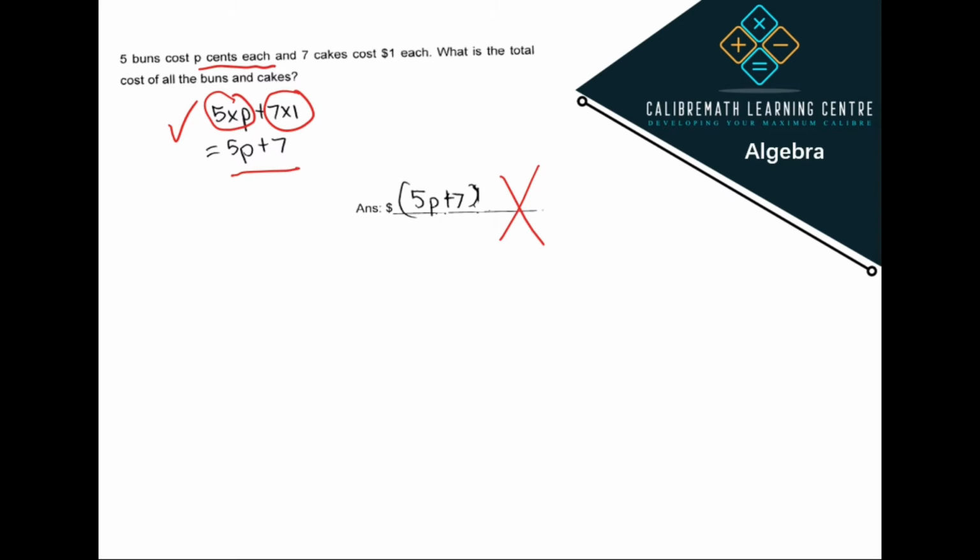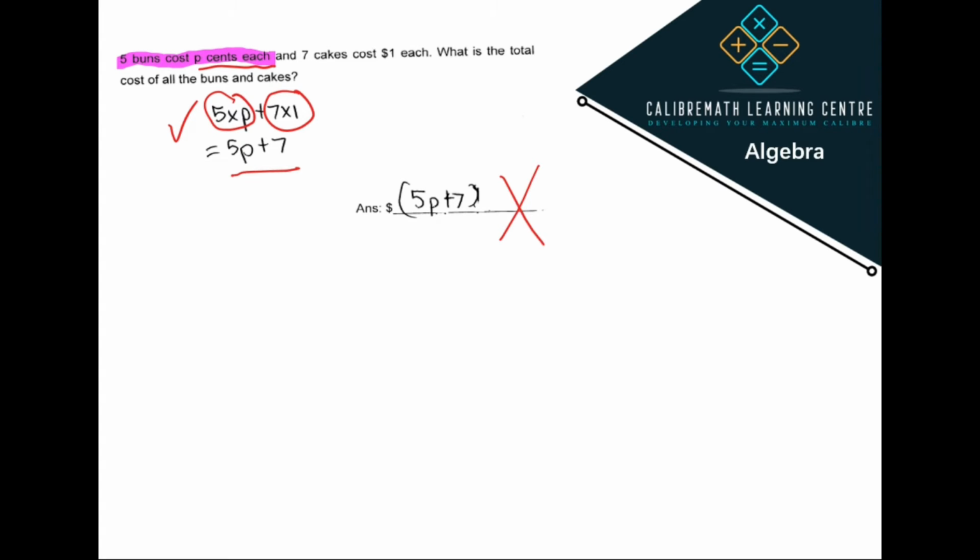Those of you who have spotted the mistake, that's really very good, because I've highlighted this common mistake when I was teaching the topic of algebra, and I have given a couple of examples of how to solve such questions. Now, first, let me bring your attention to the fact that 5 buns cost P cents each.